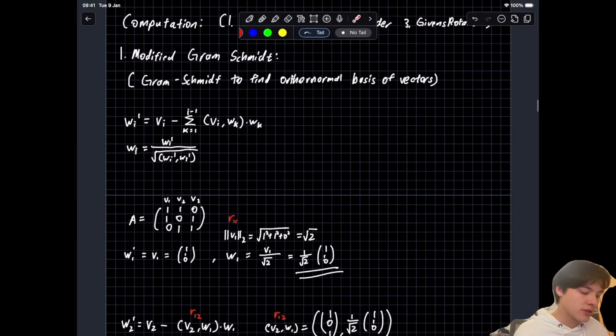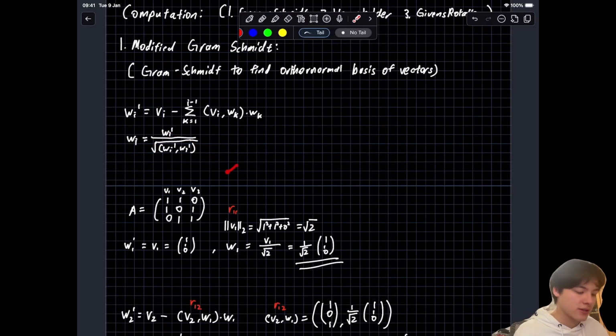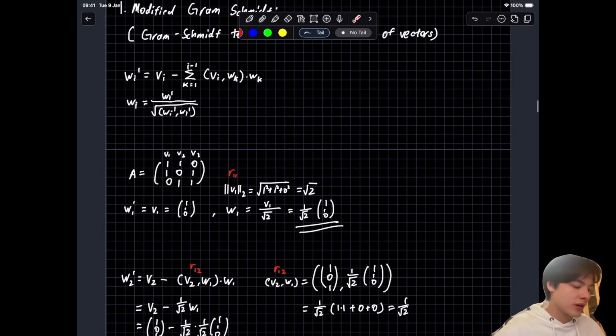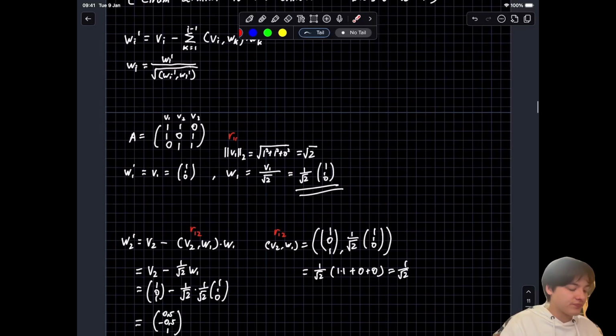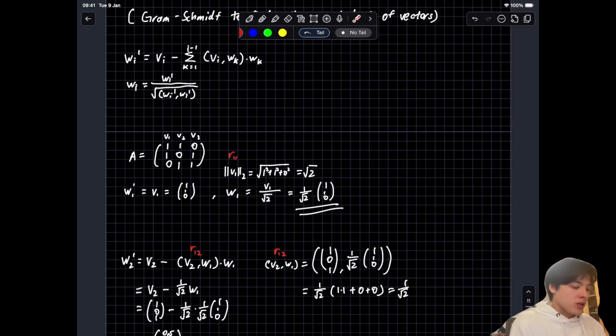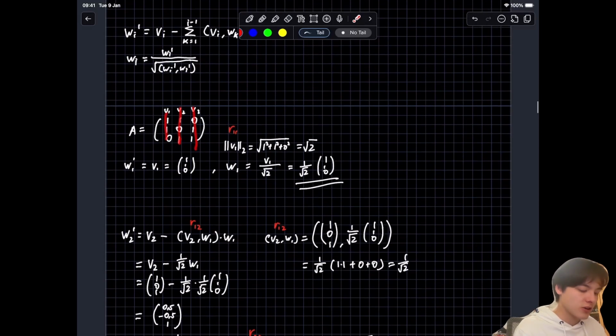This is just this divided by how much it scales, so it becomes a unit vector, of size 1. So let's look at this. If A is this, we have v1, v2, v3 as the starting point.